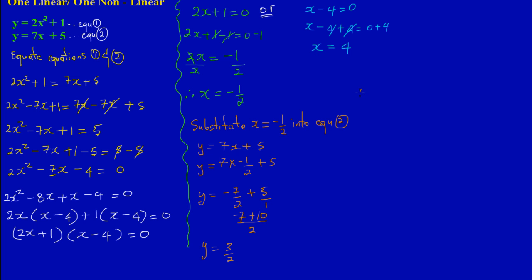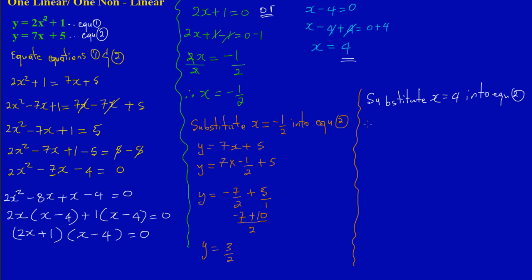Now I need to find my corresponding y value when x is equal to 4. So let me change my color. So here now I'm just going to do the same thing. I'm going to say substitute x is equal to 4. So this x value I'm taking now, x is equal to 4, into the same equation, into equation 2.